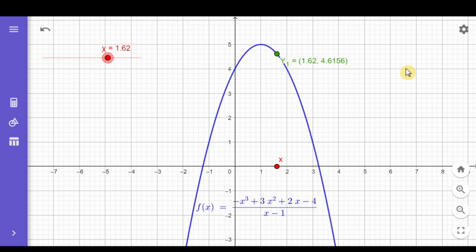Yan. Lapit na natin. Lumalapit siya sa 1. 1.48. Ang y value dyan ay 4.779. Lapit pa natin yung konti. Observe pa rin natin. So, ano ba ang nangyayari sa y value?